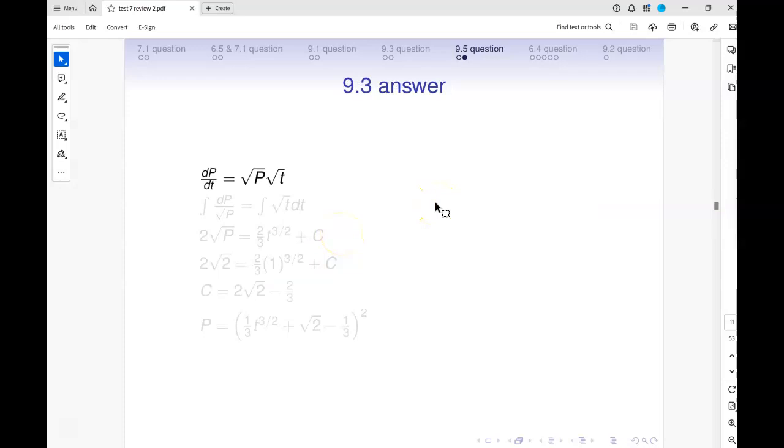At one point you should have a p to a power. So first step, I wrote that as root p, root t. Then I divided both sides by root p and multiplied both sides by dt. So that's p to the negative 1/2, and I did the antiderivative there. And this is t to the positive 1/2, so I did the antiderivative there. And I put the plus c on the side without the p.